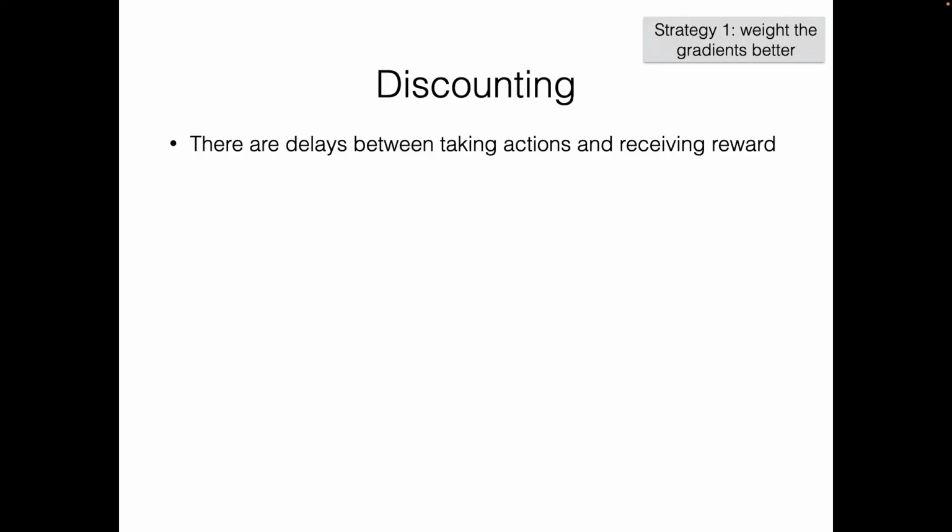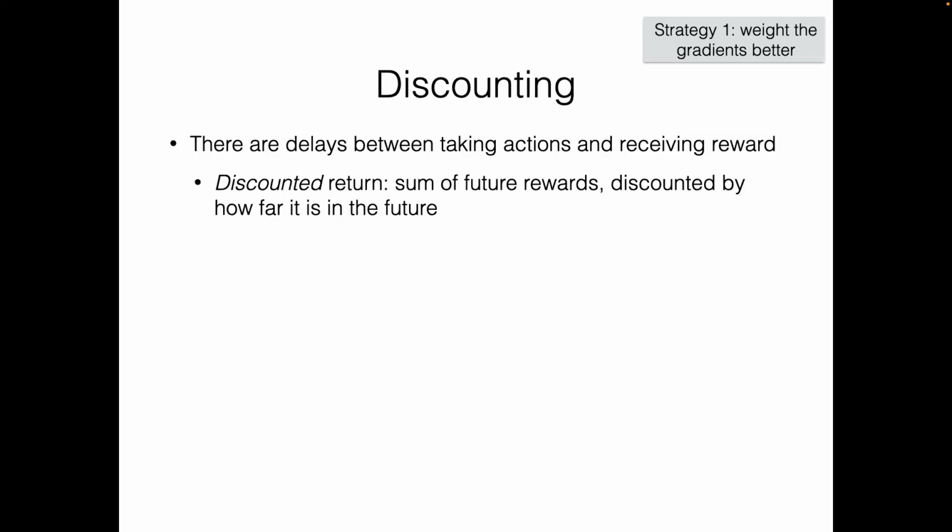In some sense, the very first action you take in the game has a very, very loose connection with the eventual reward, which is whether you win the game or not. In contrast, right at the end of the game, maybe the ball is moving and it's clear that you're going to win. And so that has a really clear correlation with the reward.